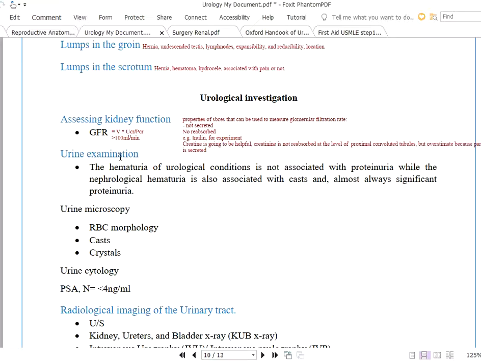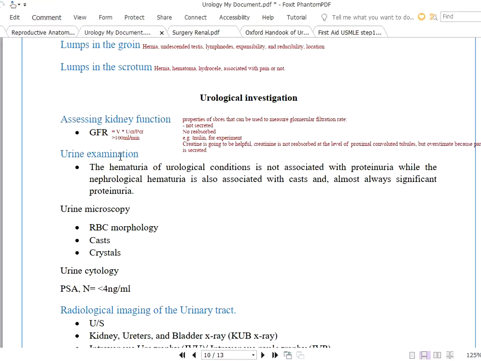So for a patient having hematuria because of glomerulonephritis, we will see modified or abnormal shapes of red blood cells. But for someone with stones which are causing irritation of the urethra, we'll be finding normal red blood cells.